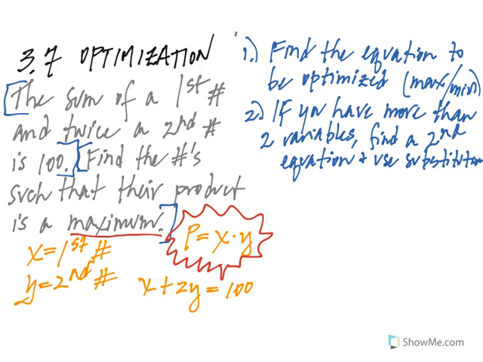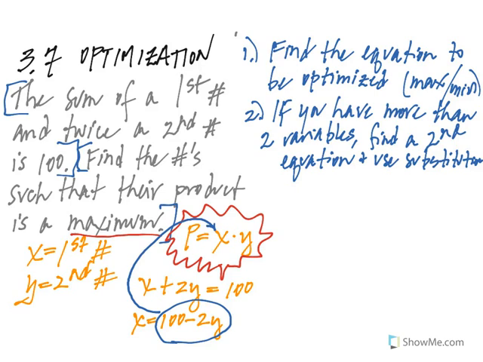All right, now, I'm going to use this. It looks like x is the easiest to solve for if I subtract 2y from both sides. So I get 100 minus 2y. And what I'm going to do now is take this portion right here, and put it into my product equation for x. So then I'll just have two variables. I'll have a P and I'll have a y.